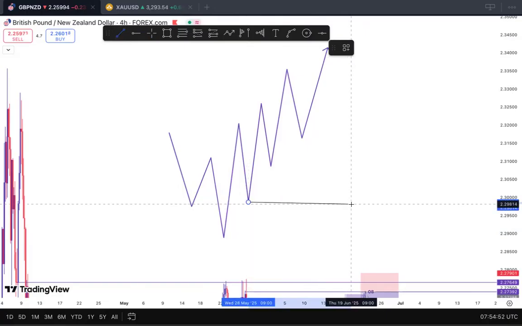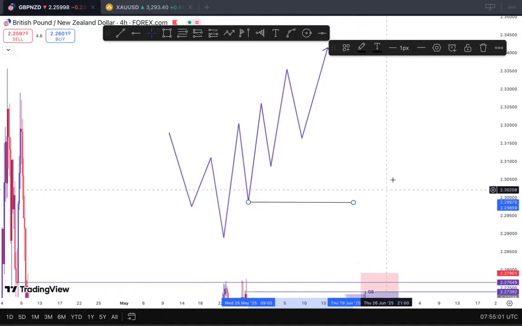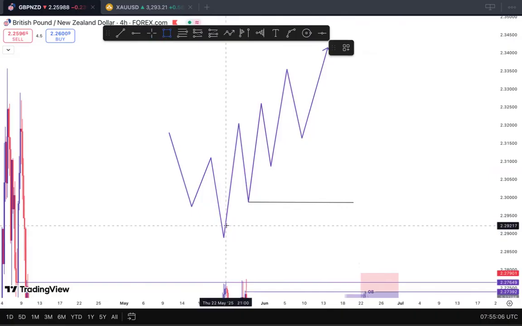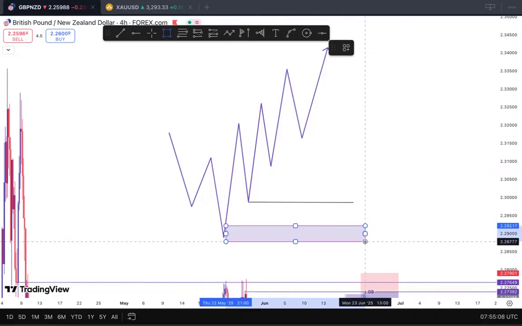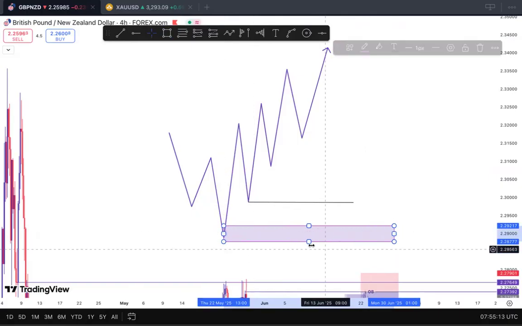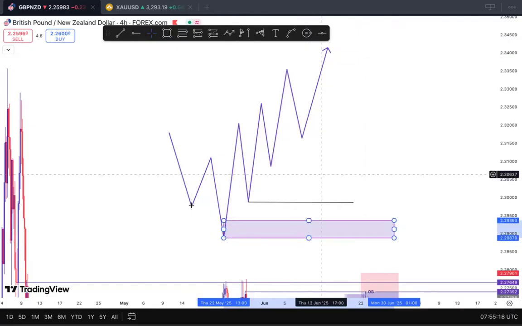And then we have our engineered liquidity, our structural liquidity. We have our POI at the main low, and the low is usually protected.